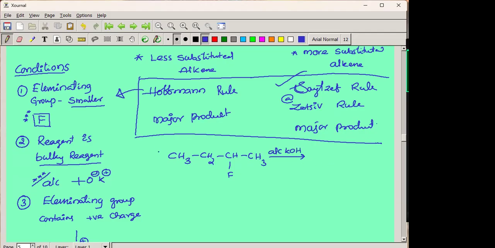Which product is formed? Either the Hofmann product or the Saytzeff product is formed. In the first reaction, what is the product? Smaller size fluorine, but alcoholic KOH is not suitable for Hofmann, sir. So we will expect Saytzeff, sir.